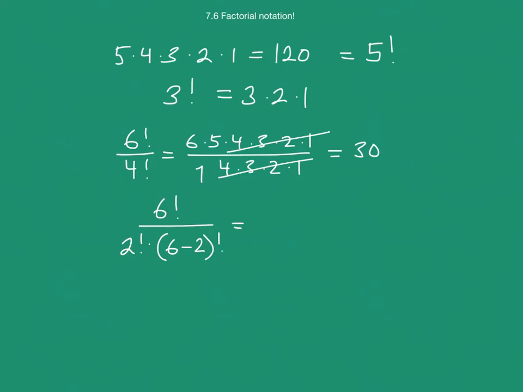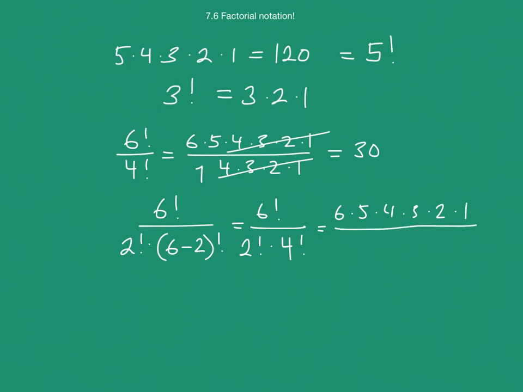Well, let's simplify this a little bit. 6 factorial, that's fine, we'll leave that for now. 2 factorial multiplied with, here we have parentheses, so we have to solve that first. So that's 6 minus 2, that's 4. 4 factorial. Now we know that 6 factorial means 6 times 5 times 4 times 3 times 2 times 1.